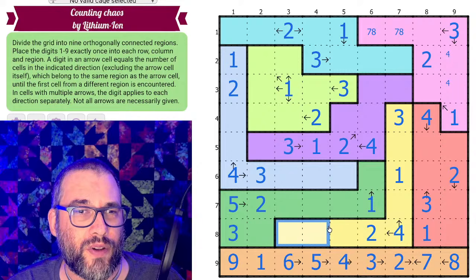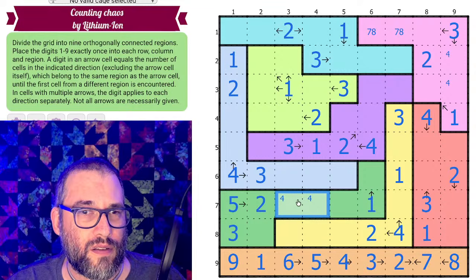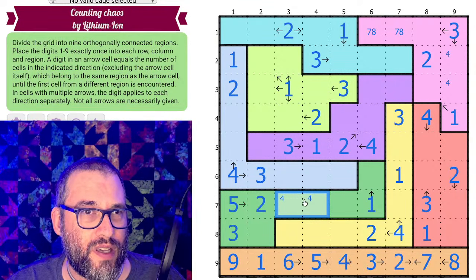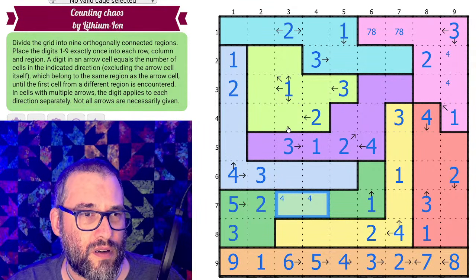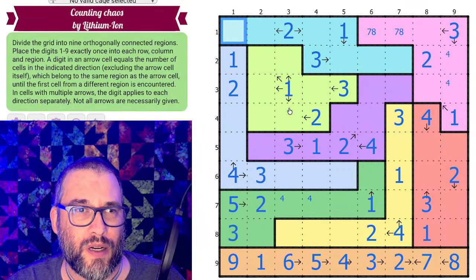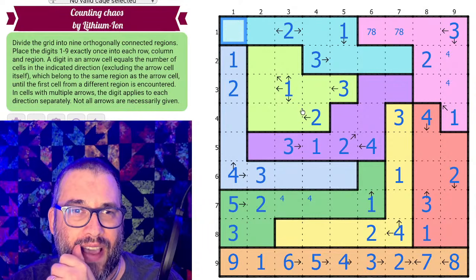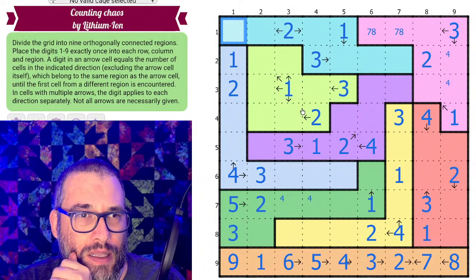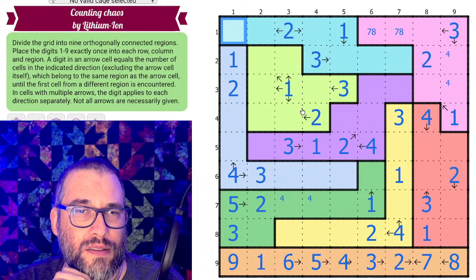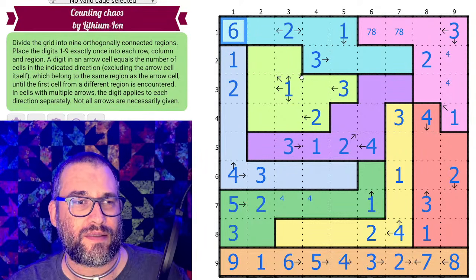This 4 is looking over, and this 4 is looking down. So we actually get 4s here. Martin says row 1, column 1 is naked. It's not 1, 2, 3, 4, 5, 7, 8, or 9, so it's a 6.